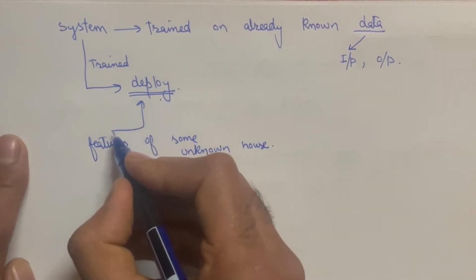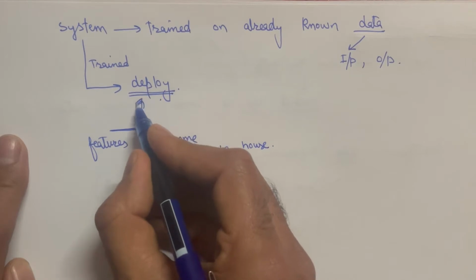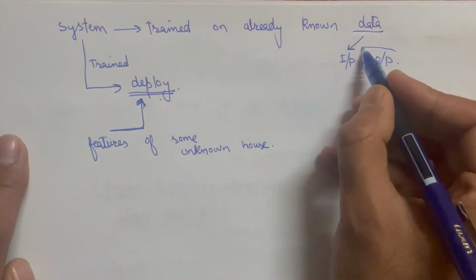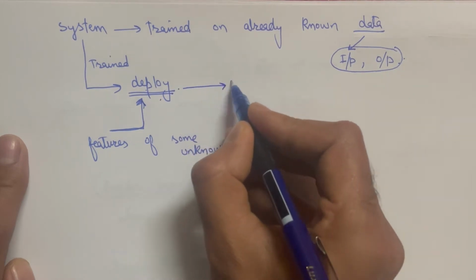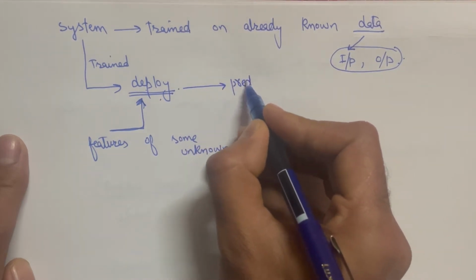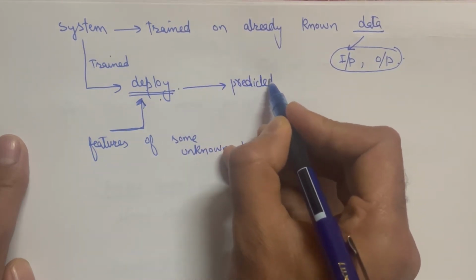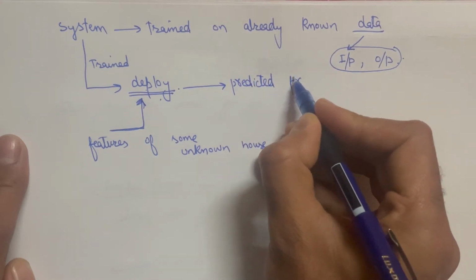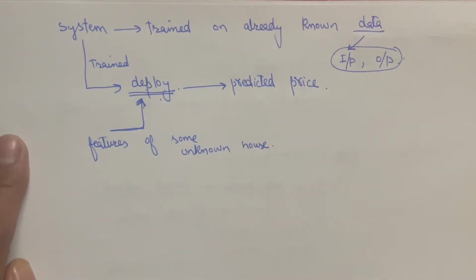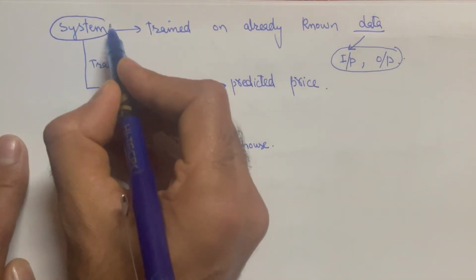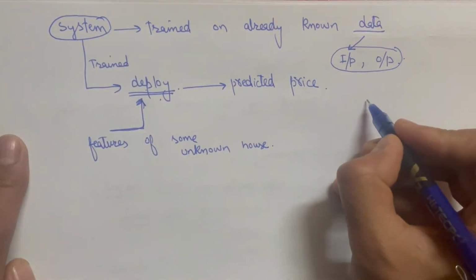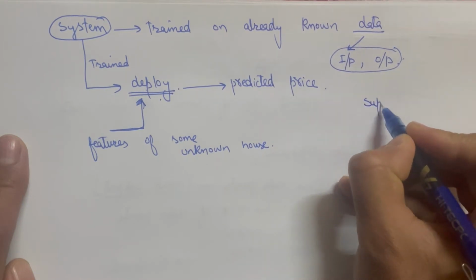So we will give this input to this system which has been trained on the known data, and it will give us the predicted output, or we can say predicted price. So we will say that this particular system has been trained using supervised learning.